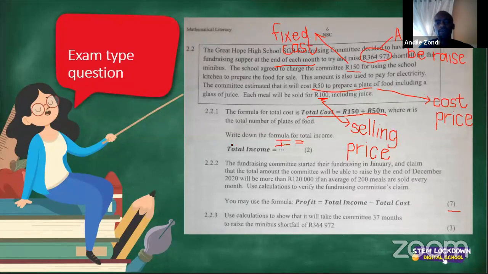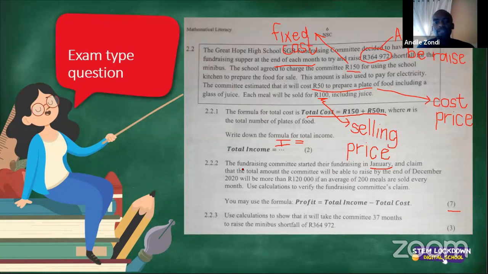Now, the question says the fundraising committee started the fundraising in January. Obviously, they're giving us a time frame, so you need to underline that. And claim, when you say claim, you need to prove, right? Learners tend to misunderstand the claim part, and they end up using the given answers to calculate, which is actually wrong.